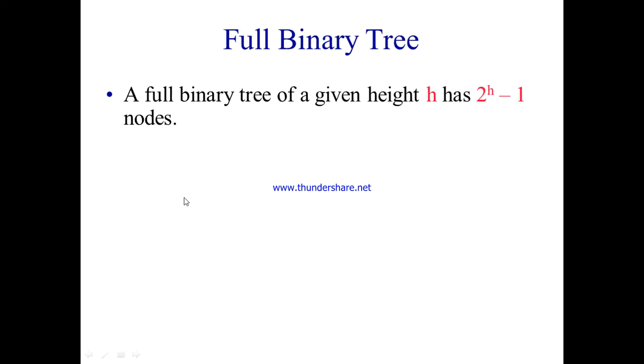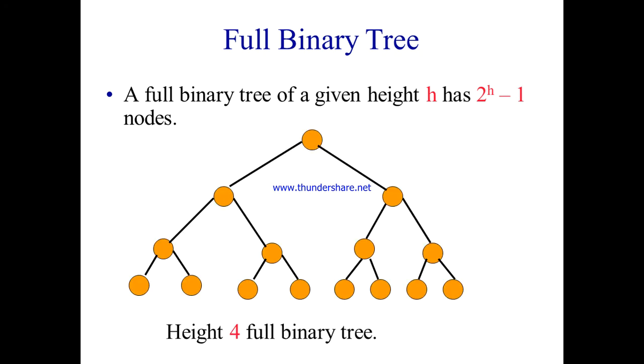So if I am taking a full binary tree, a full binary tree of a given height h has 2 power h minus 1 nodes. What does it mean? If I say a binary tree is a full binary tree, it will have the maximum number of possible nodes, everything will be there. So you will have a full binary tree with all its children.